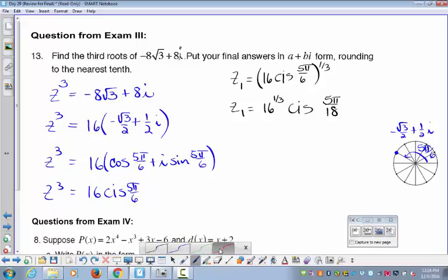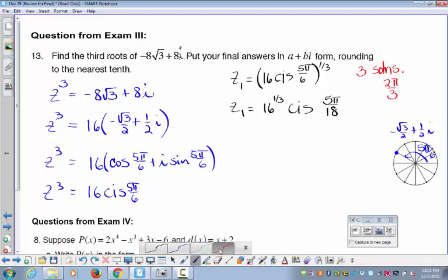At this point, I should identify that we have 3 solutions. How far apart? We take 2 pi and divide by 3. So if we wrote it in radians, it would be 2 pi over 3 radians apart. Typically, when I was doing these in class, I was using degrees for these types of problems because it helps to clarify a little bit, but it doesn't really matter whether it's degrees or radians.